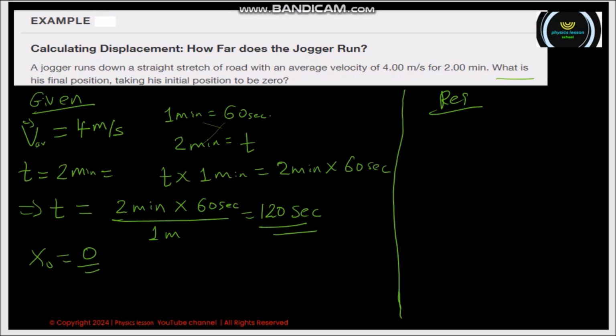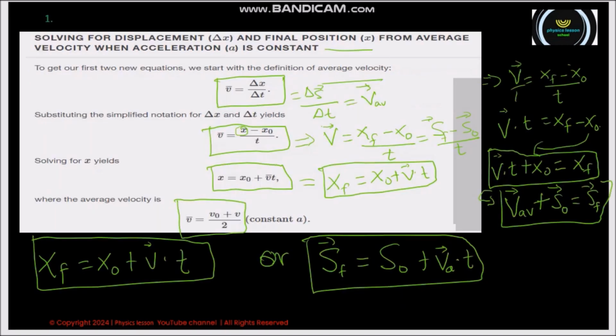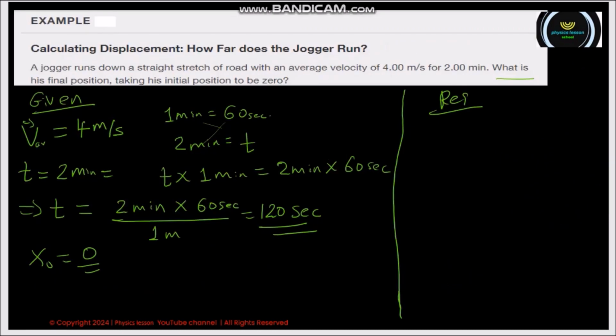Already we calculated that the final position can be calculated by the initial position plus the average velocity times t. Required: the final position is equal to how much?